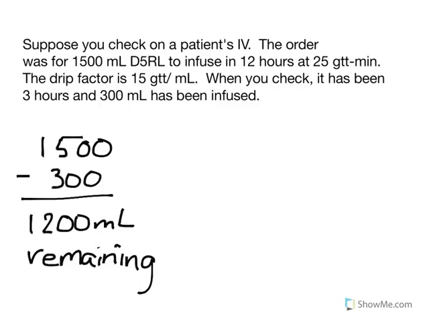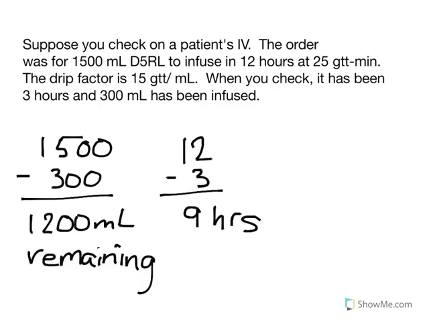Next, we have to talk about time. We know the original order was for 12 hours, and we know that 3 hours have passed. When we subtract these, we find that we have 9 hours left, or 9 hours remaining.